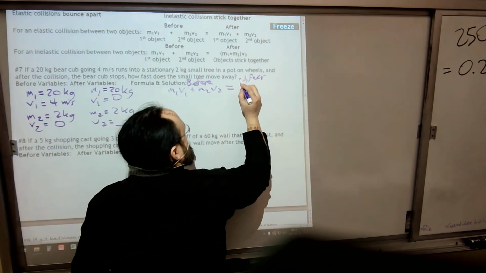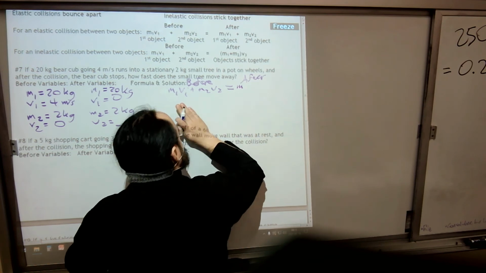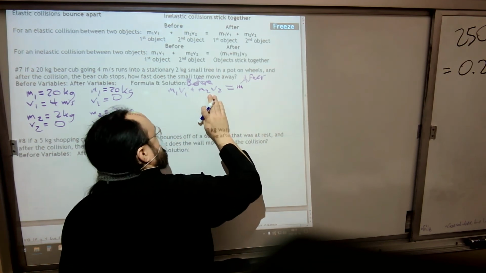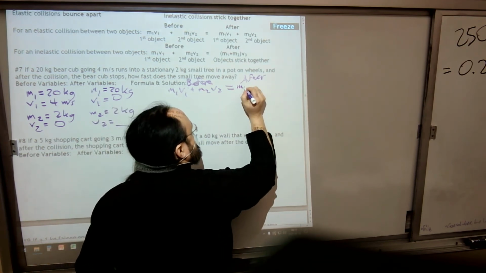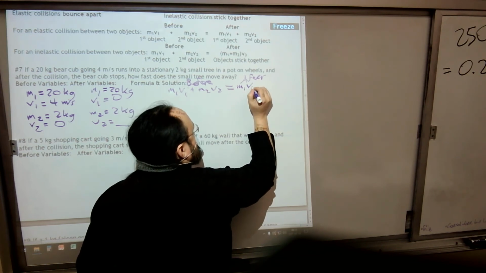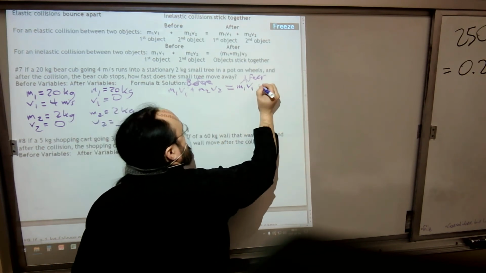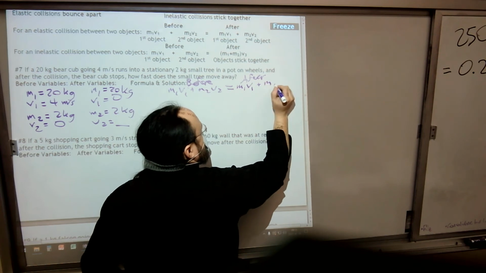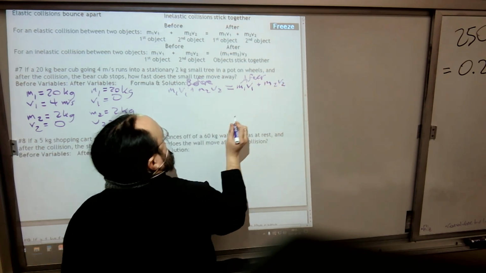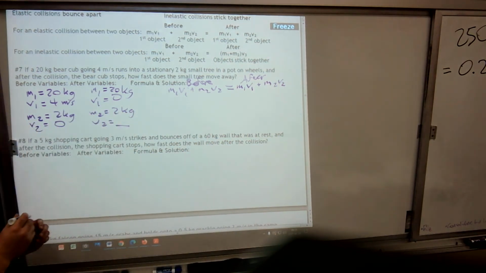So the momentum of the bear cub plus the momentum of the tree before is equal to the momentum of the bear cub and of the tree after. Now I can plug everything in.